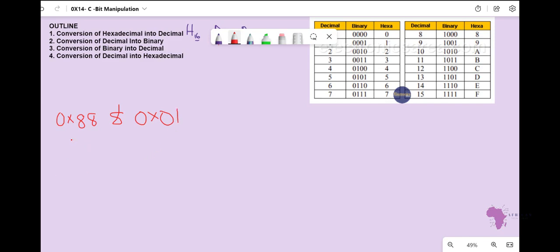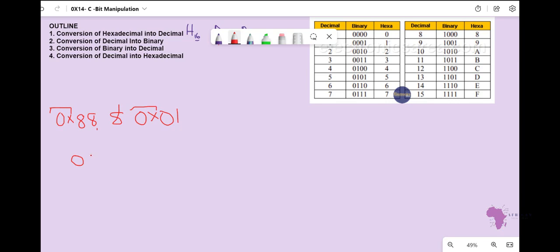First thing you have to know is that these two are hexadecimal notation. We need to find these numbers. First of all, they are binary values. What is the binary of 0x88? Let me show you. I hope you will calculate by yourself.